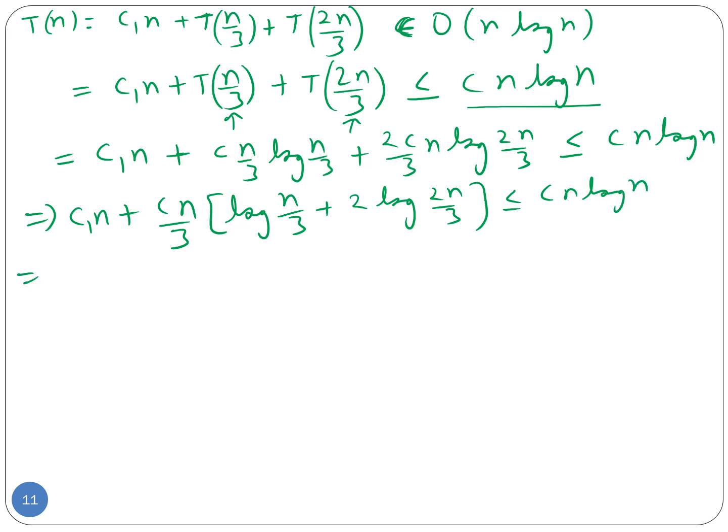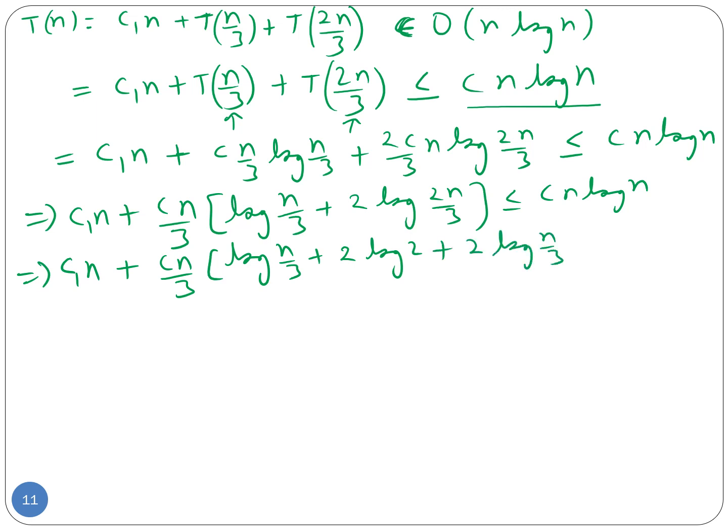Okay, so once again, let's rearrange the terms inside the bracket. So we'll see C1n plus Cn by 3, and this can be written as log of n by 3 plus 2 times log of 2 plus 2 times log of n by 3. This should be less than or equal to C times n log n.